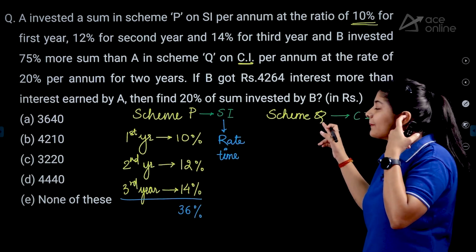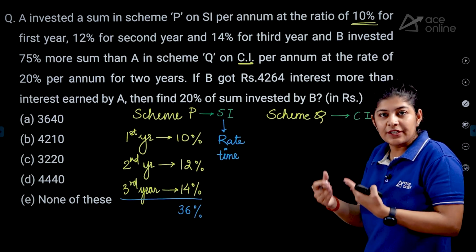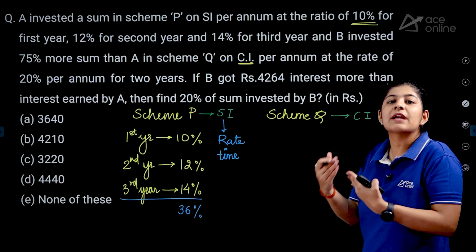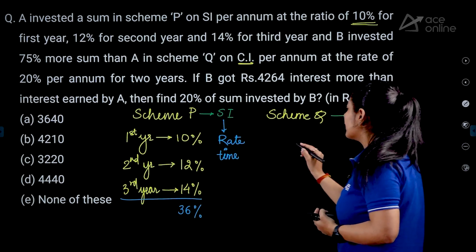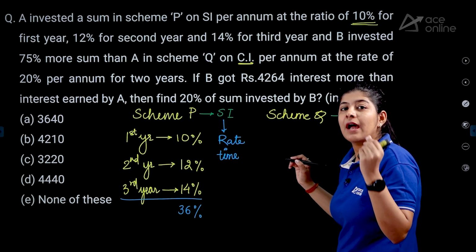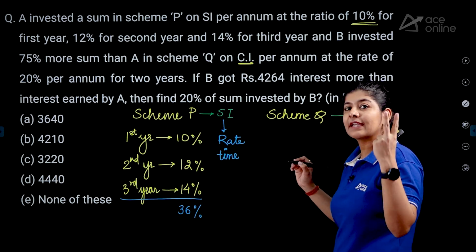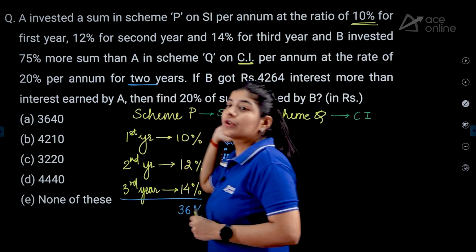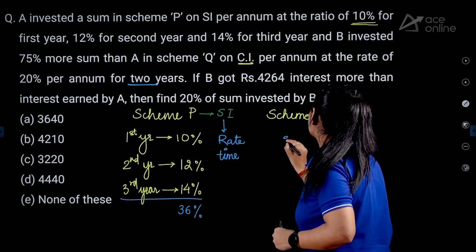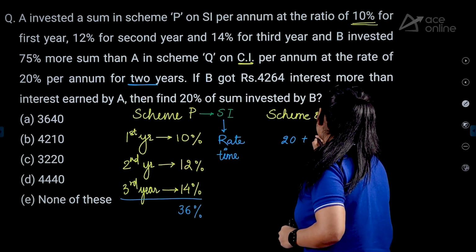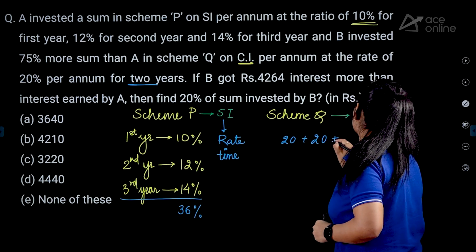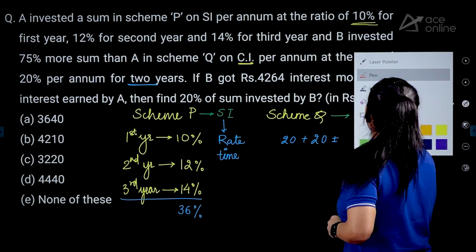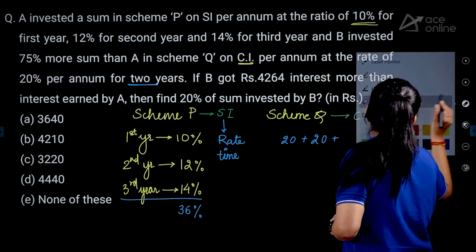So here the principal is continuously changing. So here for the 2 years, because the time period is 2 years, we can say that 20 plus 20 plus, here we are not going to subtract, so we just simply write it like this only.